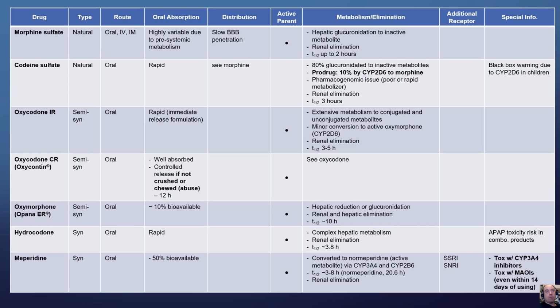In fact, for codeine, there is a black box warning, and that means in the drug package insert or monograph, there's a warning right at the beginning of the label in a black box that says there's a high risk of toxicity for children undergoing adenoidectomy or tonsillectomy due to differences in CYP2D6 activity. Again, it's probably more prudent to use a different medication in that case for pediatrics.